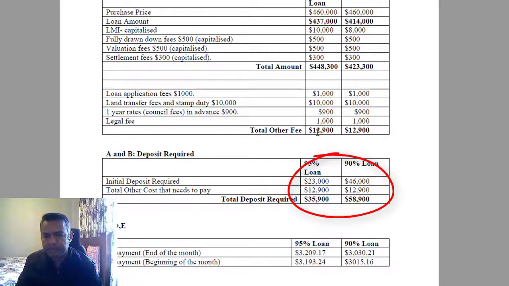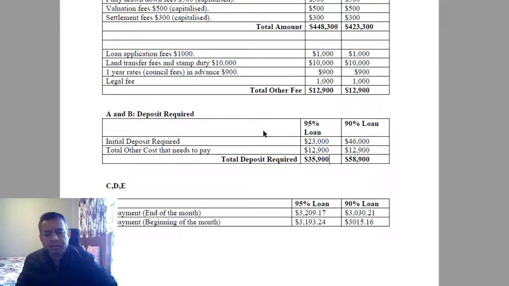So if you add both these amounts, $23,000 plus $12,900, which is $35,900, and for the 90% loan amount, it will be $58,900.